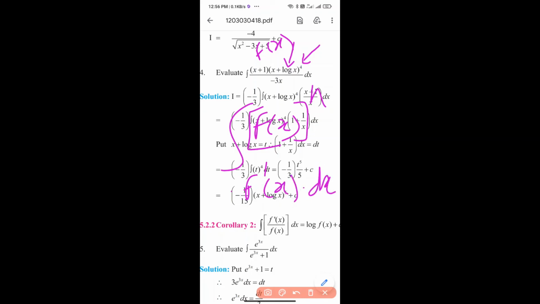So whichever function has the power, that is the function we have to consider as f of x, and the rest, the f dash of x, we are going to get after that. We have to see and adjust it.